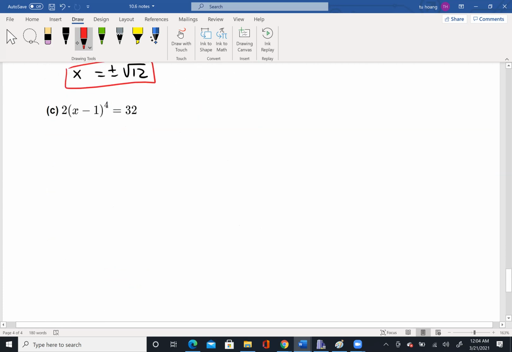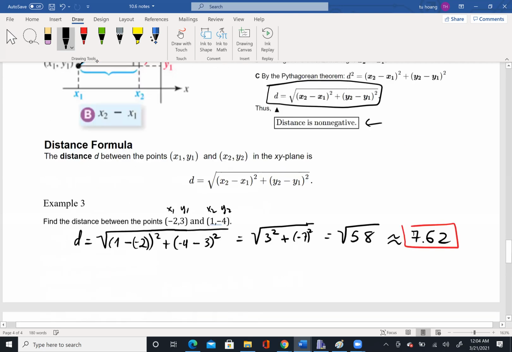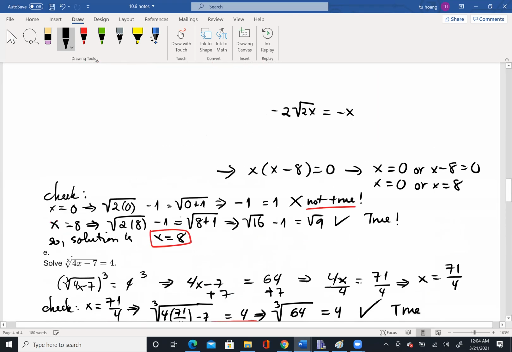Now, lastly, for the column that has 2 times (x minus 1) to the power 4 equals 32, what I have to do is isolate the power 4.